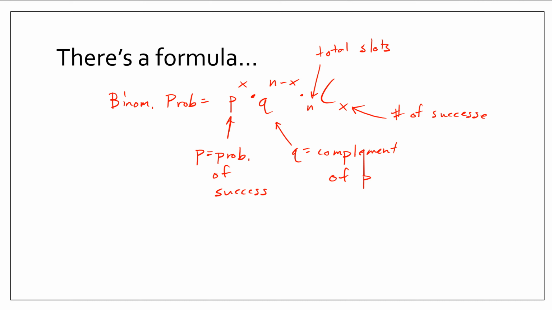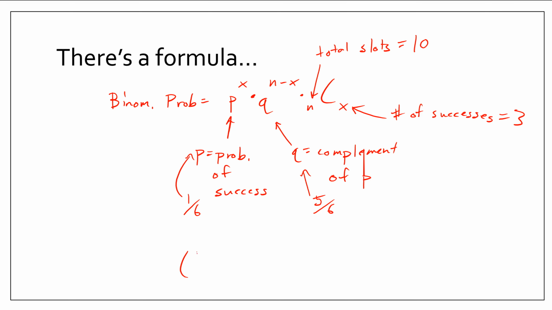So in the last problem, let's analyze this formula with the last problem. I wanted to know how many times out of 10. So 10 was my n. And I wanted 3 out of those 10 to be a 6. So x was 3. Since I was rolling a 6, P was 1/6, and Q, the complement, was 5 out of 6.